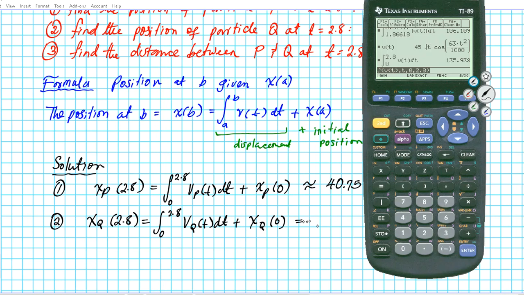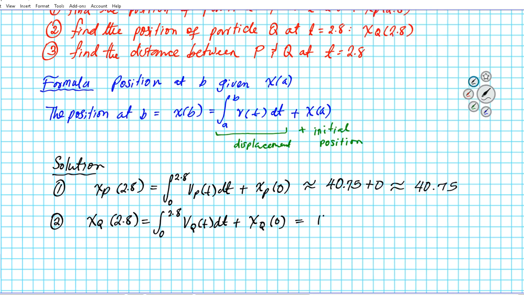So the displacement is 135.938. So we go ahead and subtract both of them now, right? Wrong. What's missing? Do not forget the initial position. We know the initial position of P was 0. How about the initial position for Q?